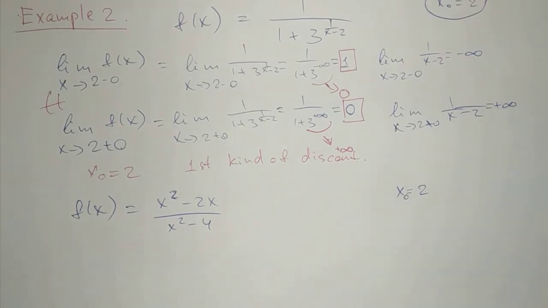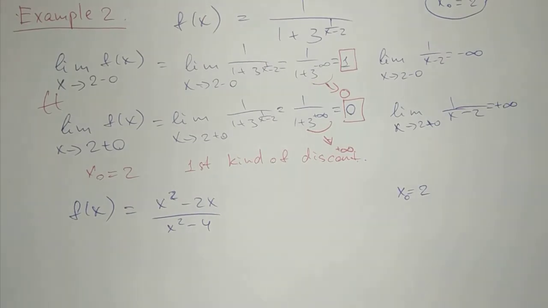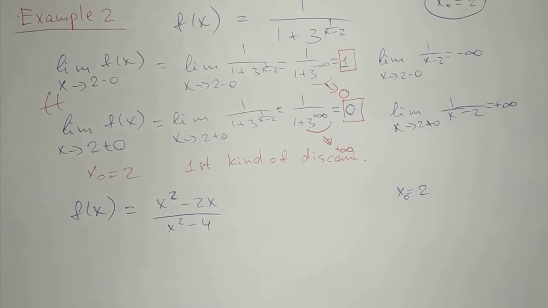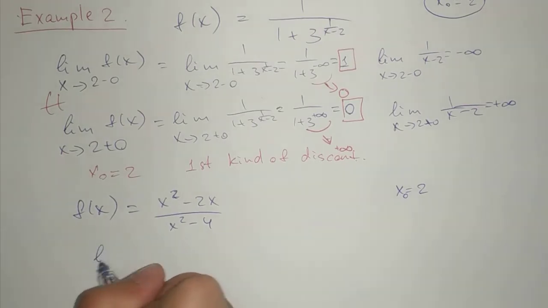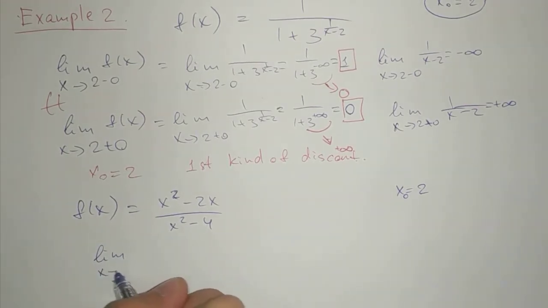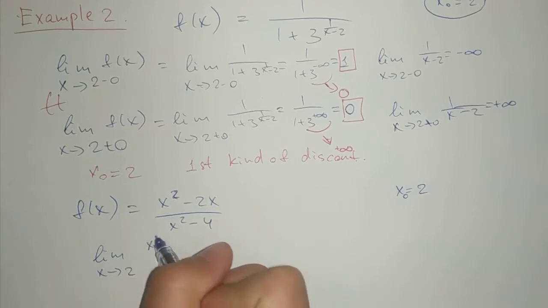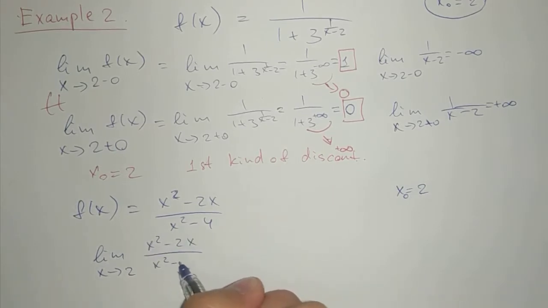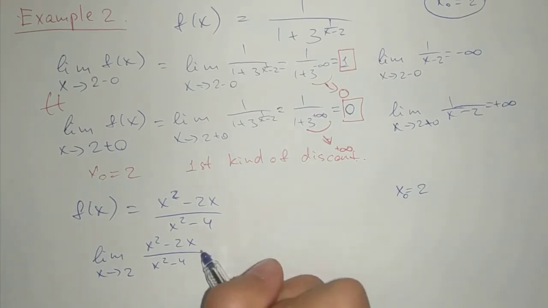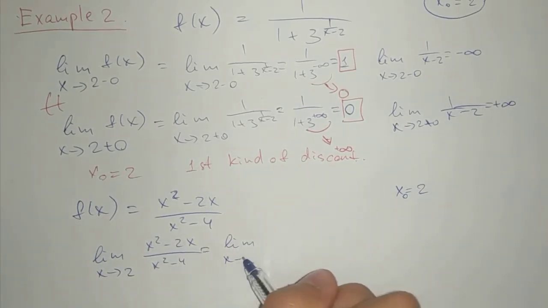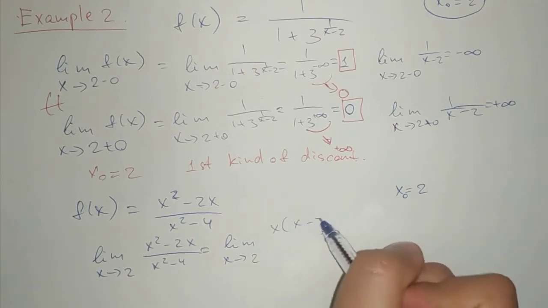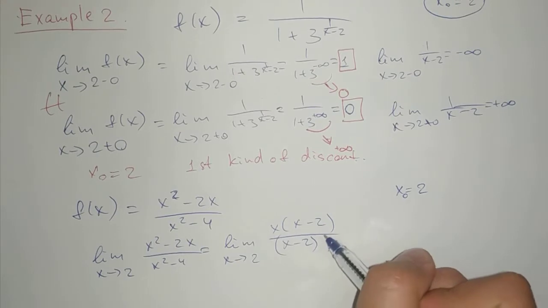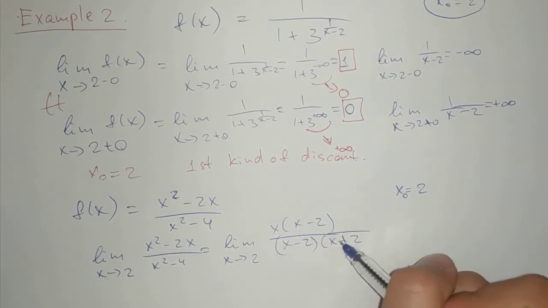The point is x0 equals 2. So here, what do we get? If we calculate the limit at this point, the limit as x tends to 2 of f(x), we can factorize it and we get x minus 2 here, x minus 2, x plus 2, using the short multiplication formula.